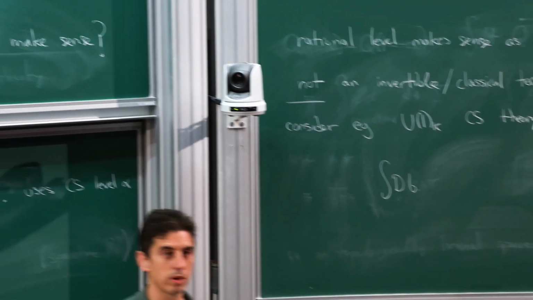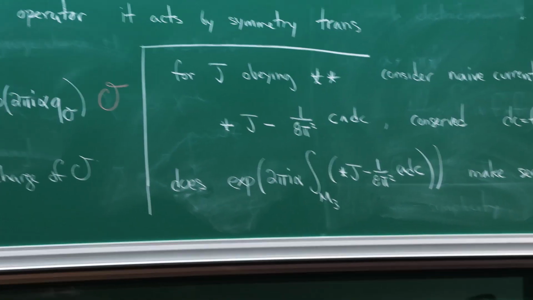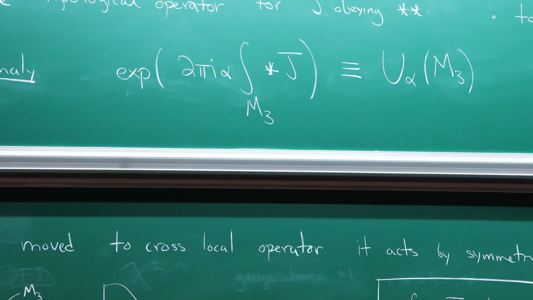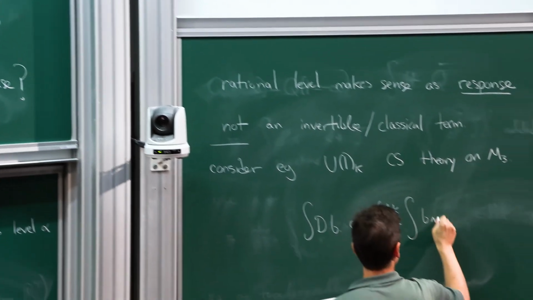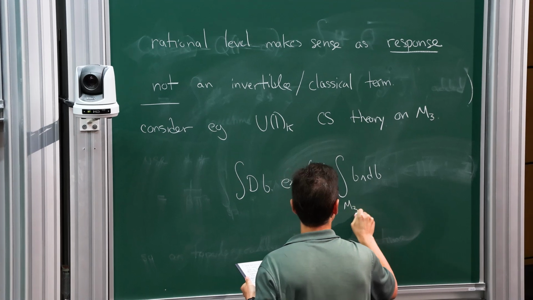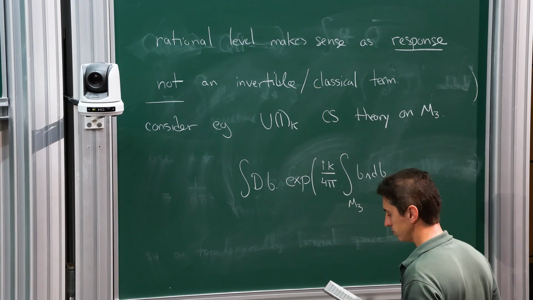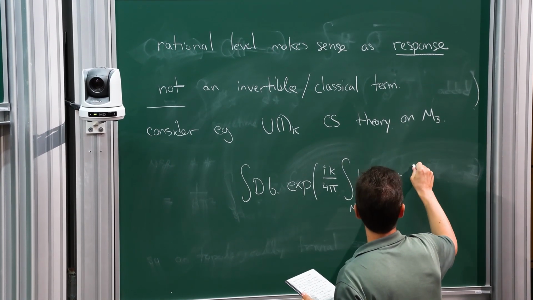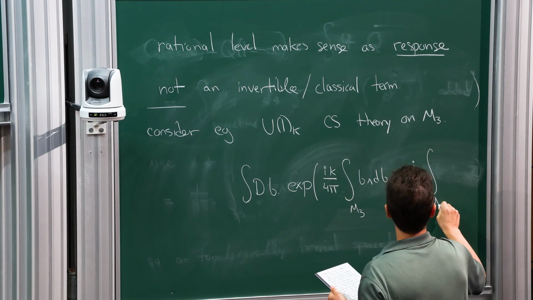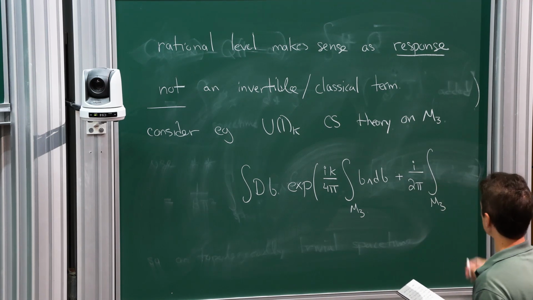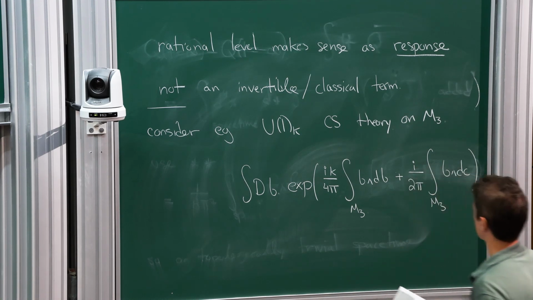This is just a comment about Chern-Simons theory. So I write the standard Chern-Simons term with level K. But now I'll also couple this Chern-Simons gauge field to what, from this viewpoint, is a source. The source is C.